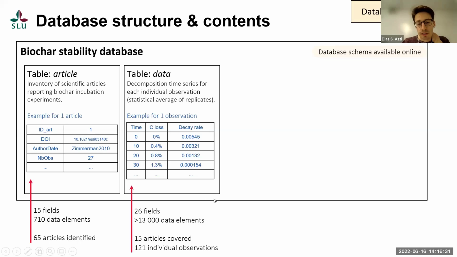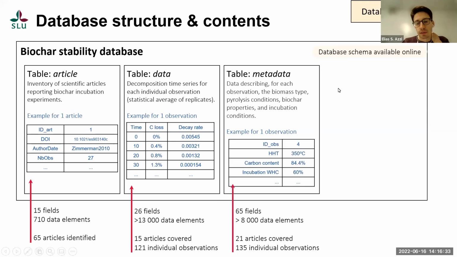And associated to this table, the second one that contains data is called metadata. In the metadata, we are collecting all the information about the experiments that were performed. Everything about the biomass that was used, the pyrolysis conditions, the biochar properties, and the incubation conditions.